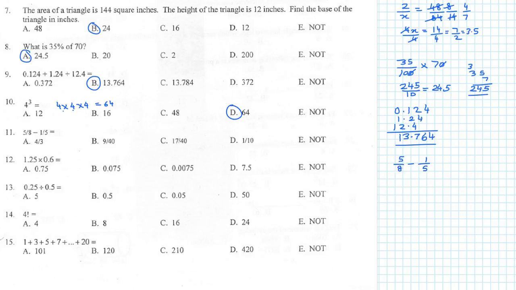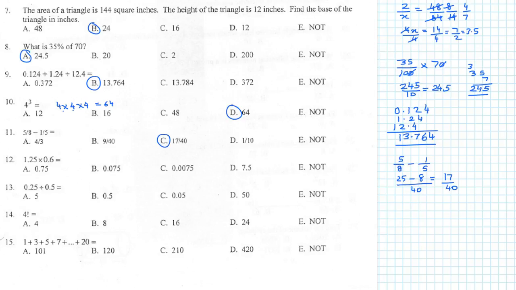What is the least common multiple? That is 40. And 40 divided by 8 is 5, and 5 times 5 is 25, minus 40 divided by 5 is 8, and 8 times 1 is 8. So this is equal to 17 over 40. So C is the correct answer.